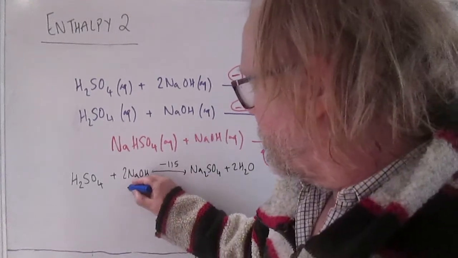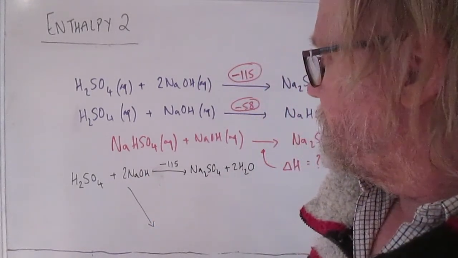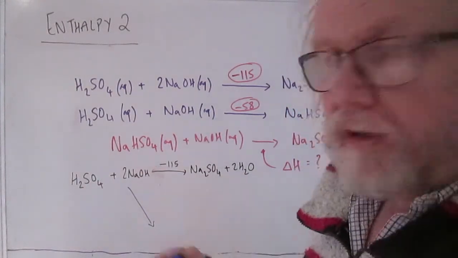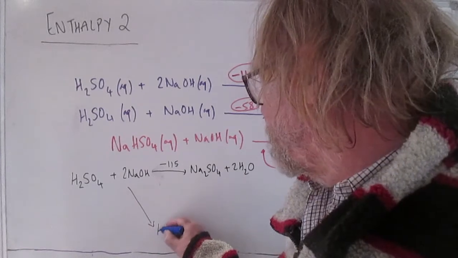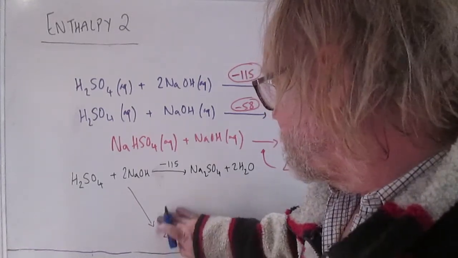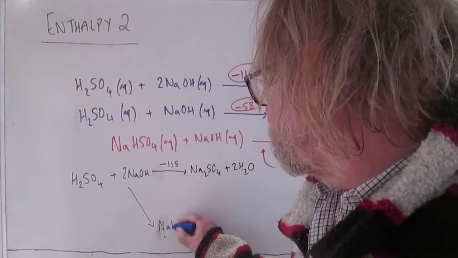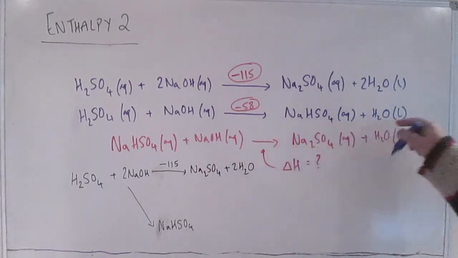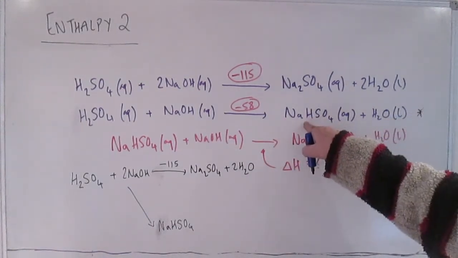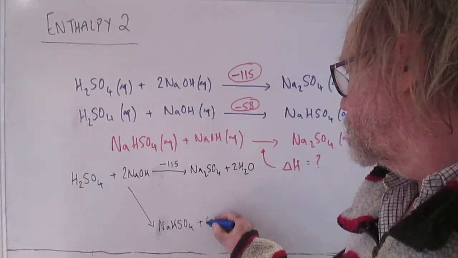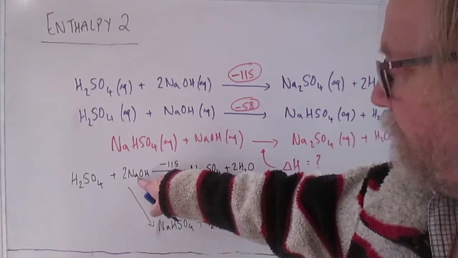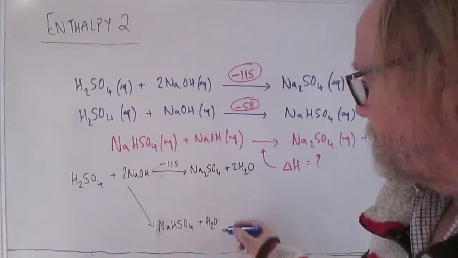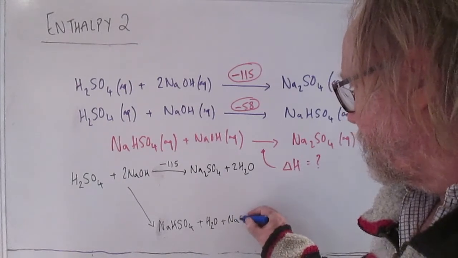We can put that in, coming down here, and say, right, if we react sulfuric acid and we add 2 moles of sodium hydroxide, but only one of them is allowed to react, then we would get NaHSO4 plus water, because we're now following this equation. But of course we'd also have one of the sodium hydroxides left, right, because we added 2 moles of sodium hydroxide, but only one of them's reacted, so we have an NaOH left over there.